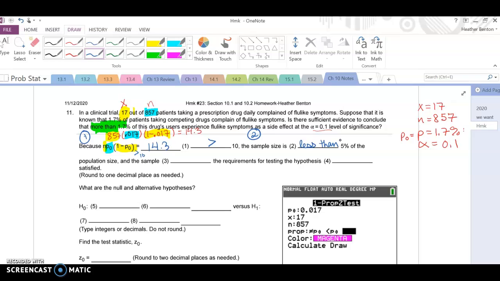It's not just a small group, so they let us assume that it's less than 5% of the population size, and therefore the sample can be assumed to be a simple random sample, which is another one of the criteria for testing the hypothesis, so those are satisfied.